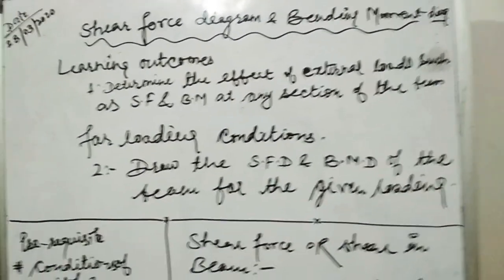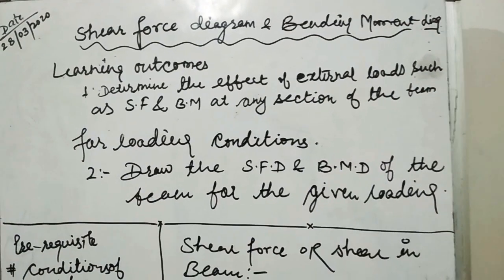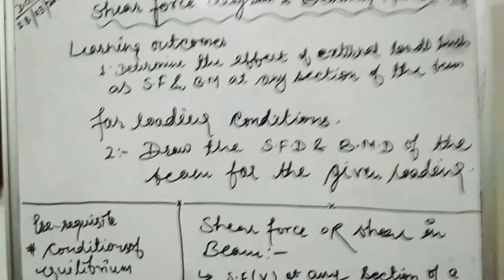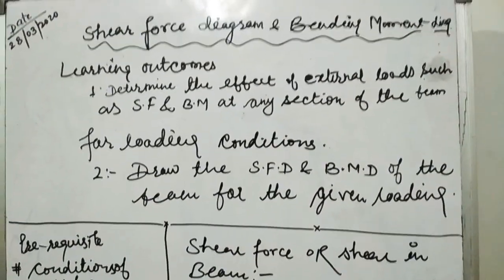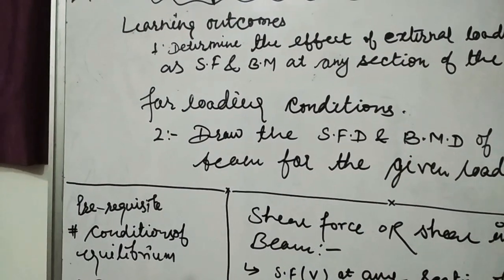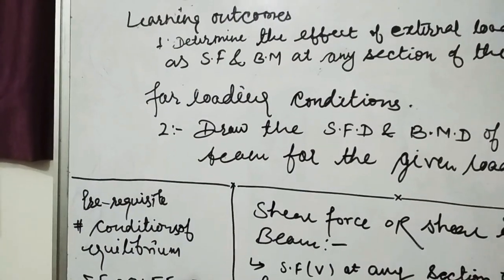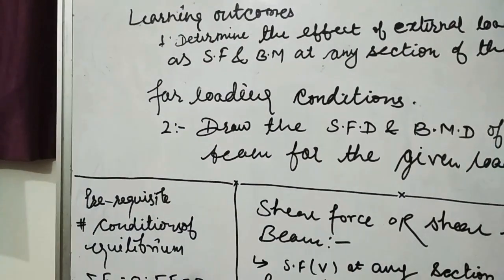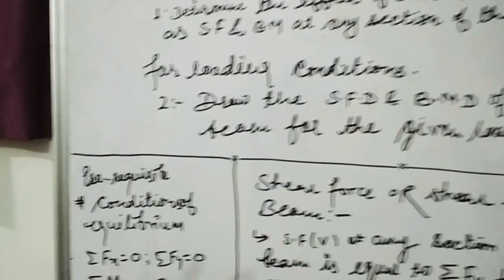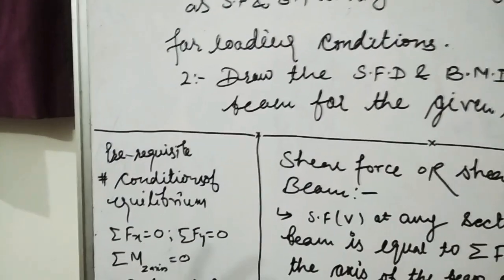Now let's recapitulate the prerequisites which we have already discussed in the previous lectures. First, the condition of equilibrium, that is the static equilibrium condition for different types of force system.